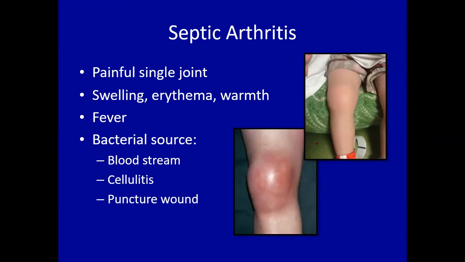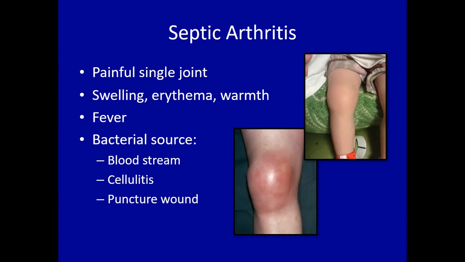So what do we want to do for this patient? We want to image, we want to do labs, and we want to treat aggressively. So usually septic arthritis is in a single joint. It's consistent with fever, swelling, and erythema. There's most likely a bacterial source via the bloodstream.